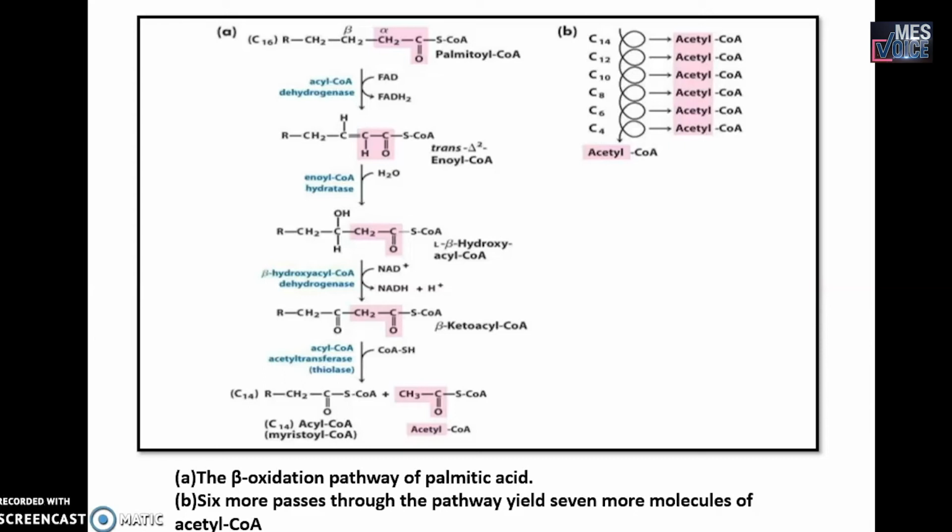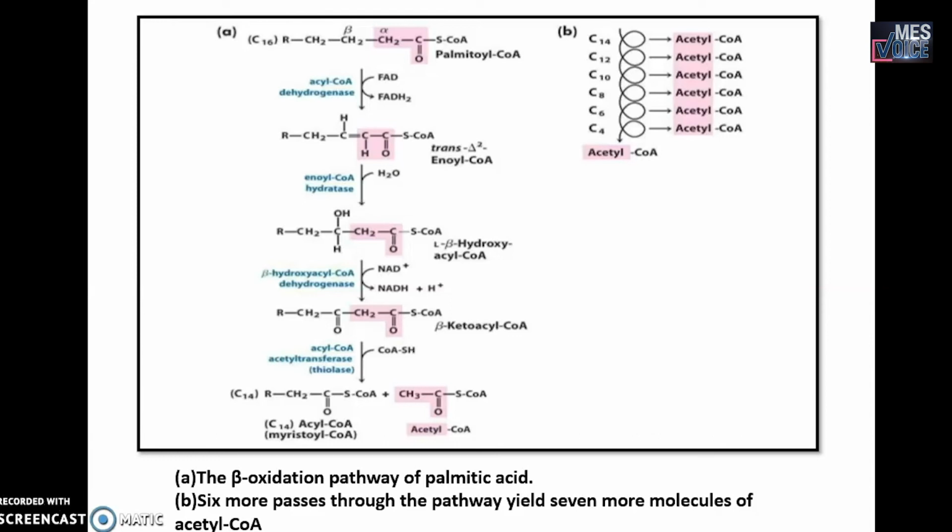Then thiolase enzyme catalyzes the final step, that is thiolytic cleavage, and acetyl-CoA is formed, and a new acyl-CoA containing 2 carbon atoms less than the original fatty acyl-CoA is also formed. So RCH2 C double bond O SCoA with 14 carbon atoms and a molecule of acetyl-CoA is formed after one round of beta oxidation.